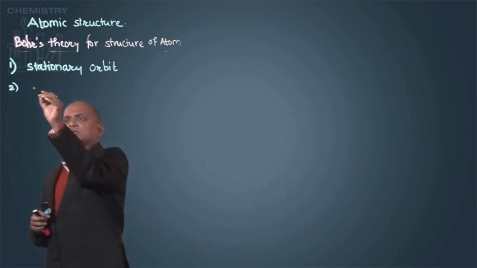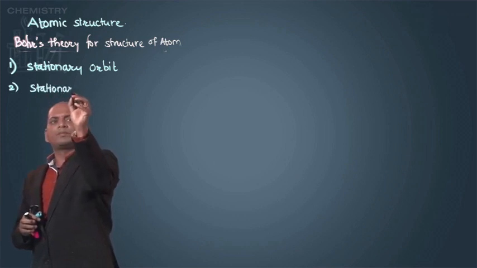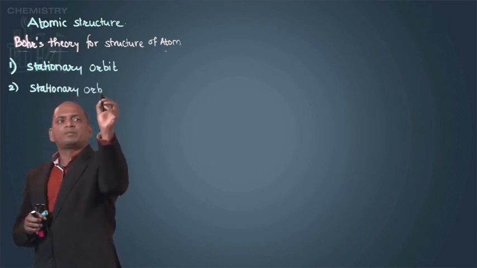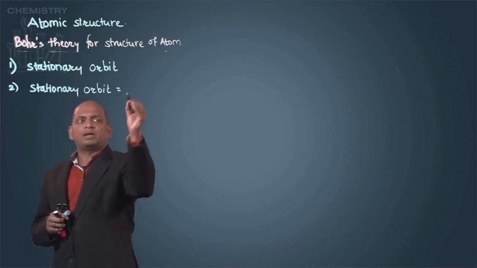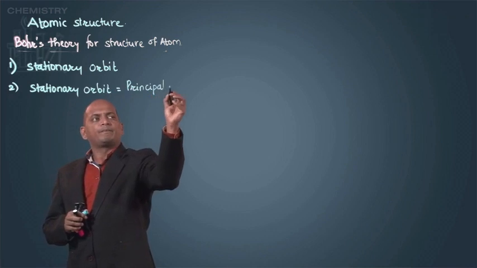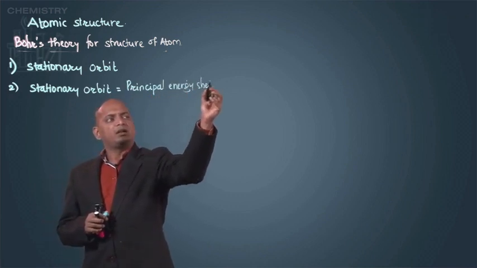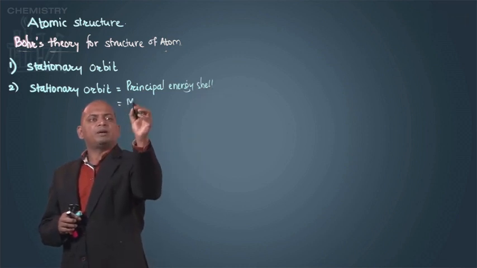So stationary orbit is also called principal energy level, energy shell, or main energy level.